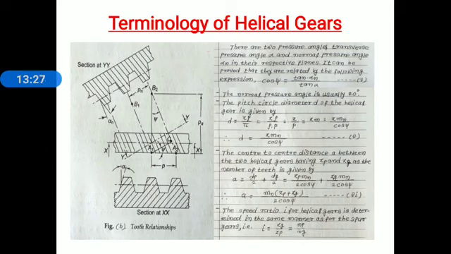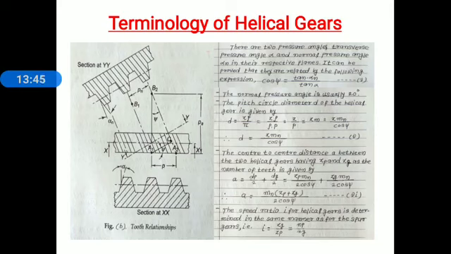Now the next parameter in terminology, center distance. Center distance is denoted by letter A, and we know the relation for center distance: pitch circle diameter of pinion divided by 2 plus pitch circle diameter of gear divided by 2. Now how to obtain the pitch circle diameter of helical gear?